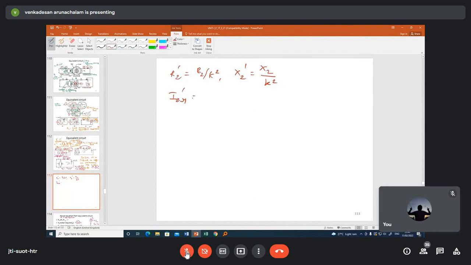I2R dash is nothing but K into I2R, and E2R dash is nothing but K into E2R. It is very similar to the transformer referring from the secondary side to the primary side. That you can also refer to in the book.